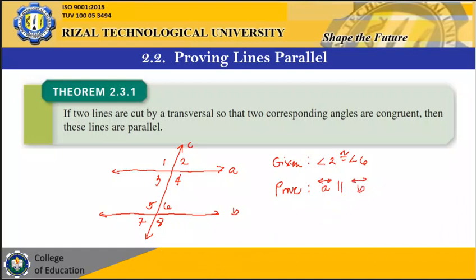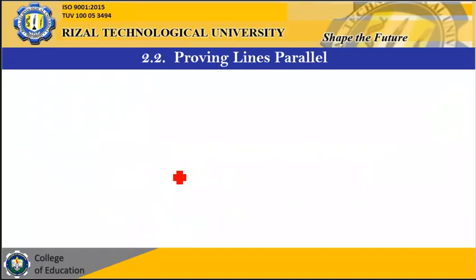Okay, let's have our proof. Again, let's write our proof in two column format, with the statements and the reasons. For number 1, it always starts with a given. We have angle 2 is congruent to angle 6, and it's given. Next, number 2.